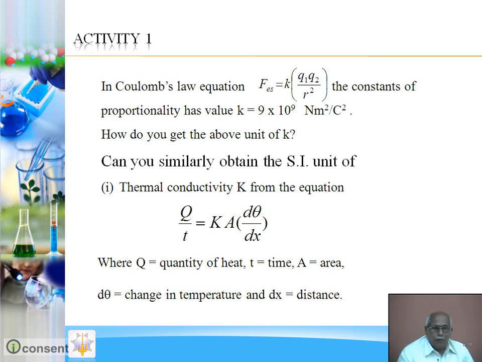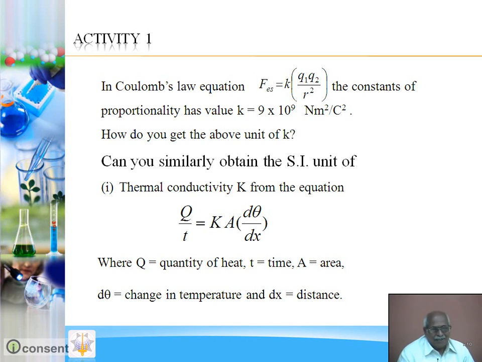Now, you know the units of all other quantities except K. Unit of Q is the SI unit, joule. MKS unit or practical unit, calorie, kilocalorie. If you want the SI unit, use joule. Unit of time is of course second, unit of area is meter square, unit of d theta, change in temperature.